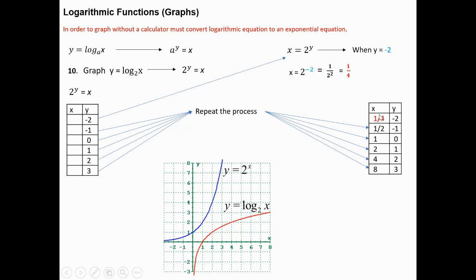All you do is switch the x and the y. And I repeat, if you change all the y values here for the x and the x values for the y, you get the graph in blue, because they're inverses of each other. It's always good to know extra information. But anyway, that's how you graph a logarithmic function, by first converting it to an exponential function and plugging in the values for y, not for x.